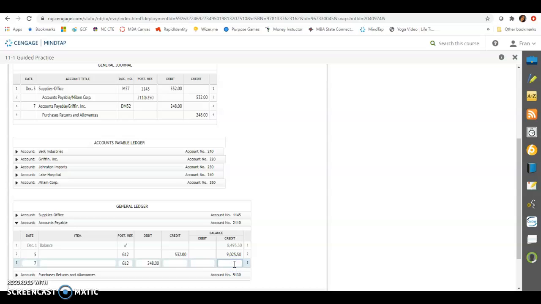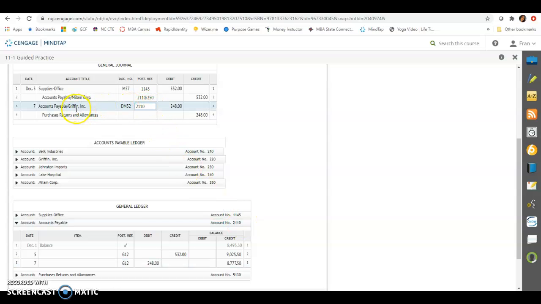So that'll be subtracted off our balance because we won't owe them money for something that we returned or something that was damaged, right? So we don't want to have to do that. Minus 248. So yeah, this is a credit, that's a debit. That's how you know to subtract. 8777.50. And the account number is 2110.